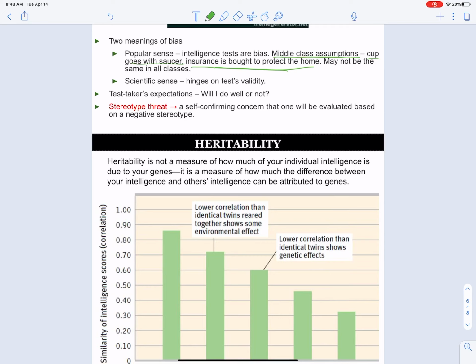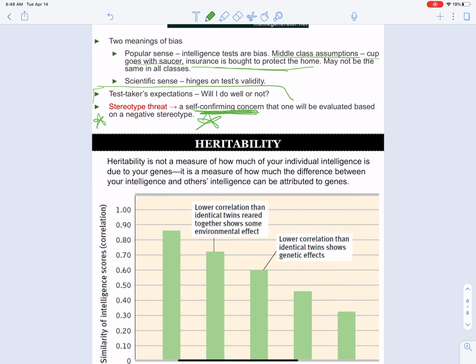Okay, also what's very, very important is the test taker's expectations. People who are taking a test, if you walk in and you do not think you're going to do well on a test, that can definitely affect your results. And a stereotype threat is a specific type of test taking expectation that can lead to negative results. What I really want you to notice is this is a self-confirming concern.